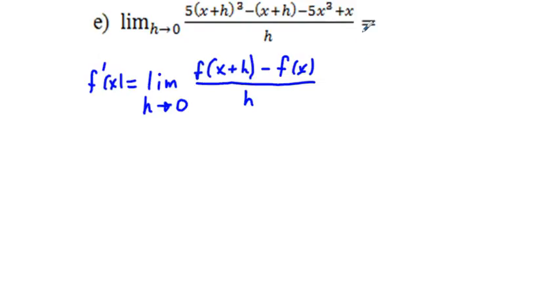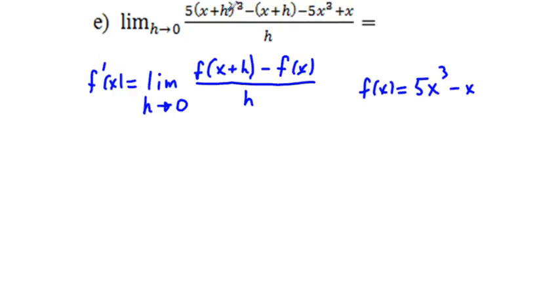Well, all we have is minus f of x. So for this to be minus f of x, what does f of x have to equal? Well, f of x is going to be 5x cubed, and it wouldn't be plus x because this is plus x, so we're going to have minus.